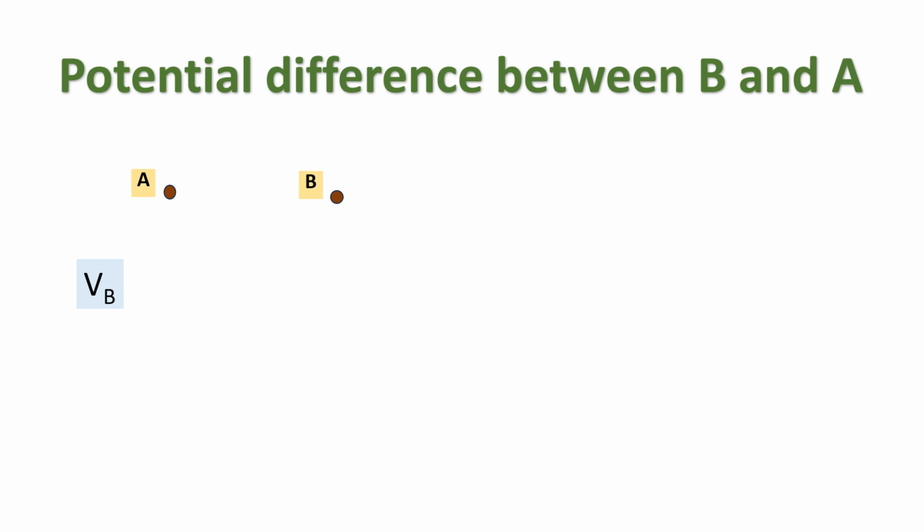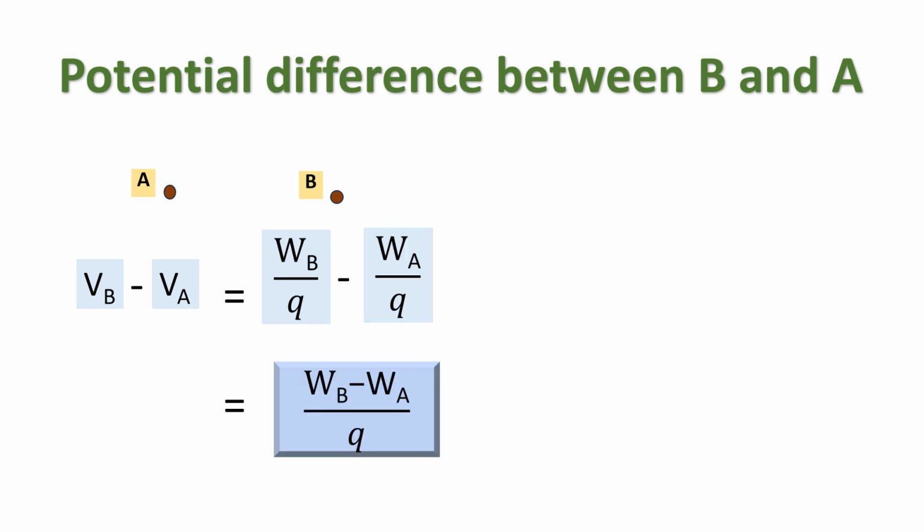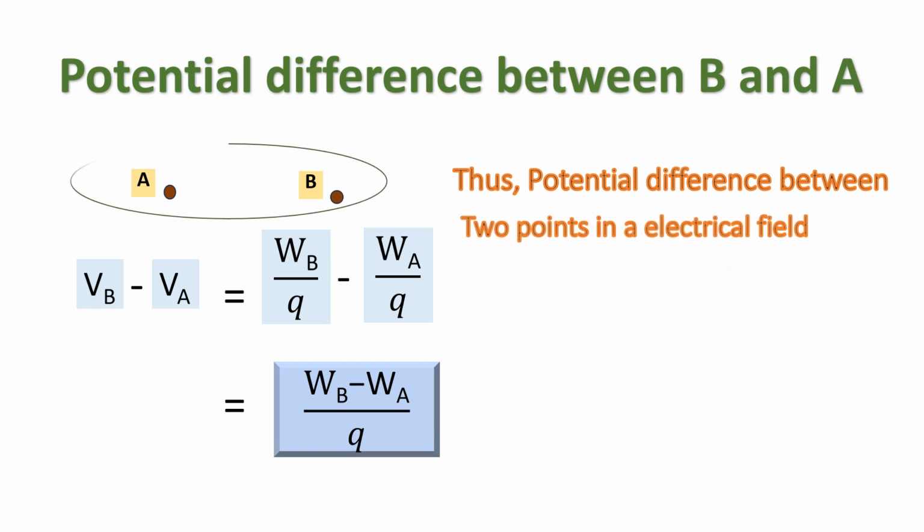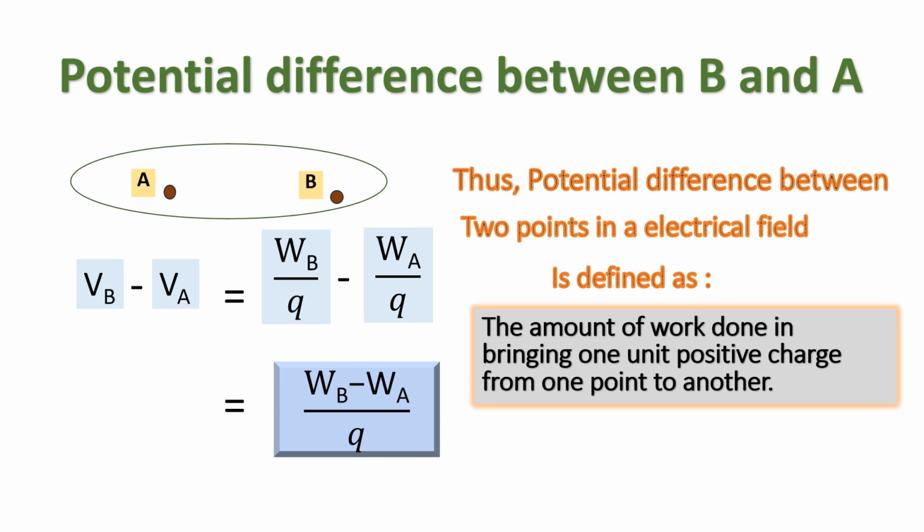So the difference in potential between point B and point A will be VB minus VA, and that will give us WB over Q minus WA over Q. That equals, if we take Q as common, WB minus WA over Q. Thus, the potential difference of the 2 points in an electric field is defined as the amount of work done in bringing one unit positive charge from one point to another. That is the potential difference between 2 points in an electric field.